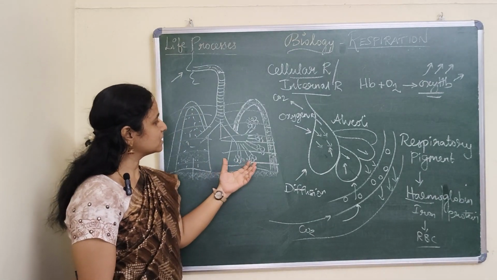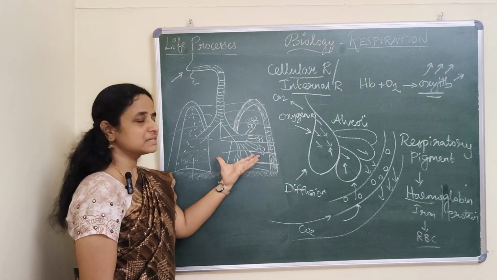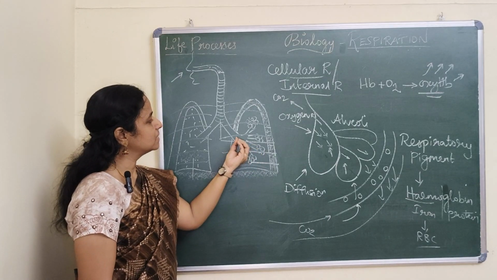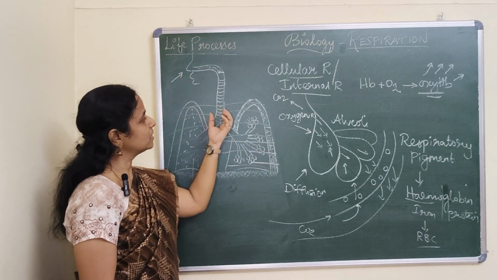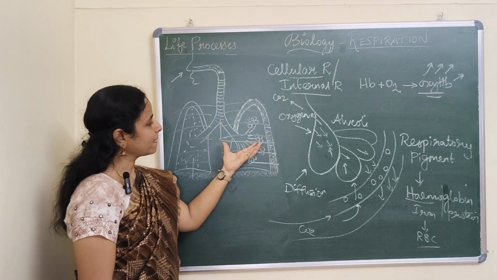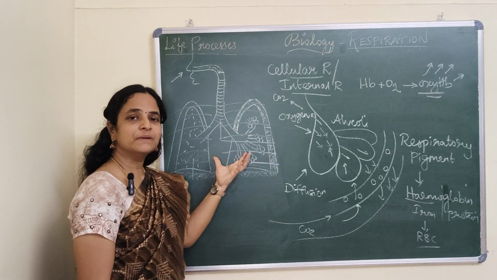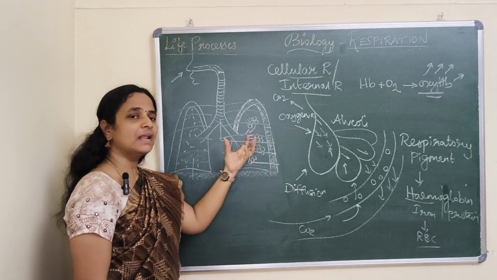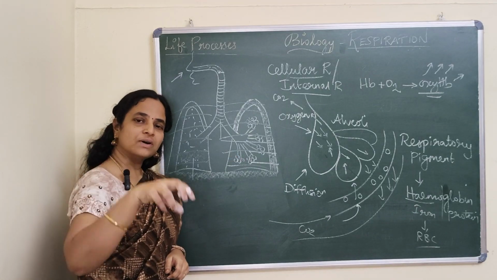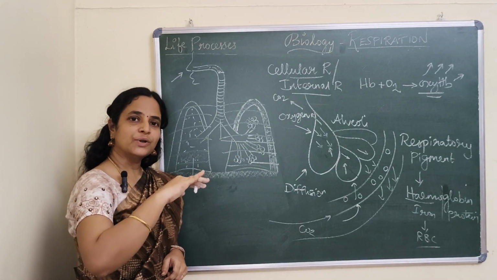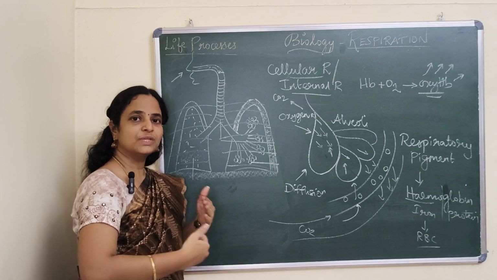And one more thing, if the diaphragm is relaxed, we know that the carbon dioxide is expelled out, but it is not that the lung will be devoid of gases. So the lung will have a certain amount of oxygen all the time in order to continue the function.